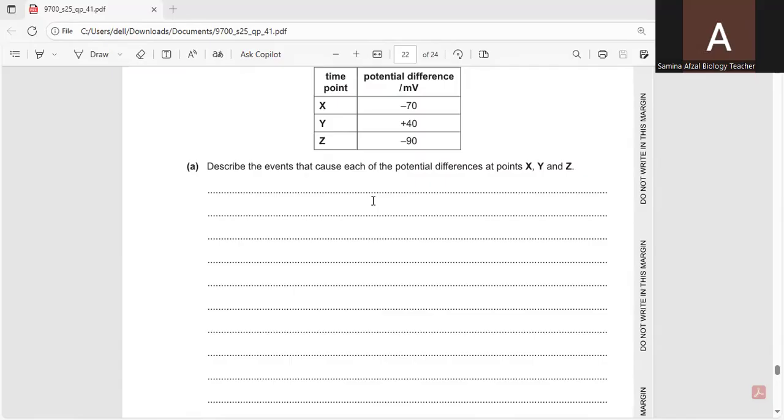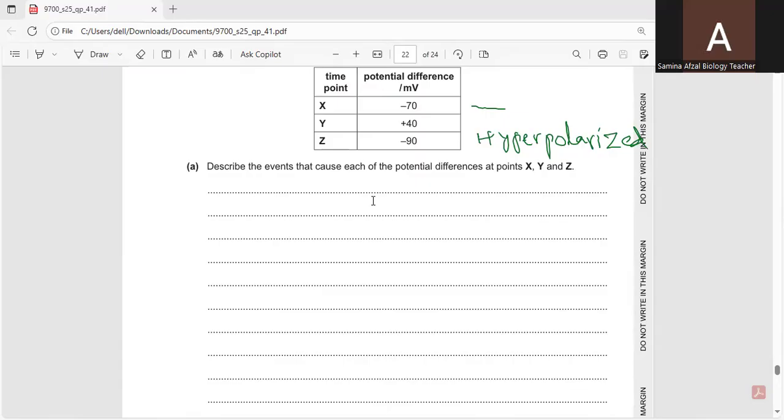It means hyperpolarization. So at minus 90, the membrane is hyperpolarized. And during hyperpolarization, what happens?